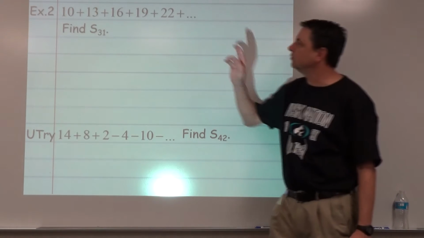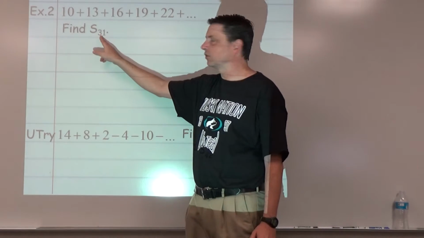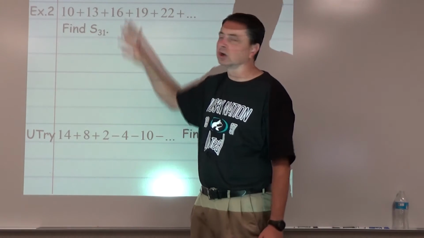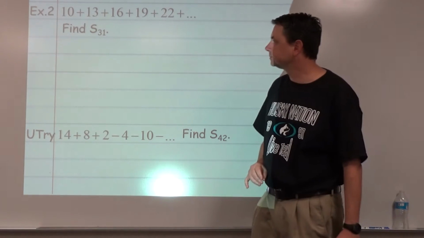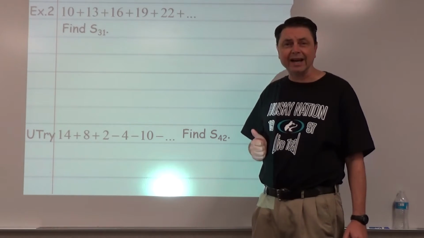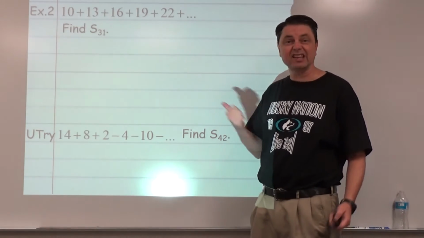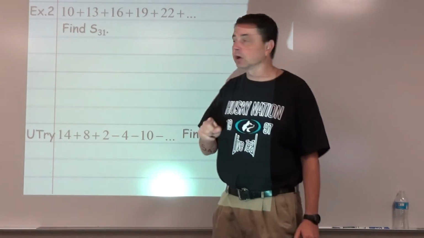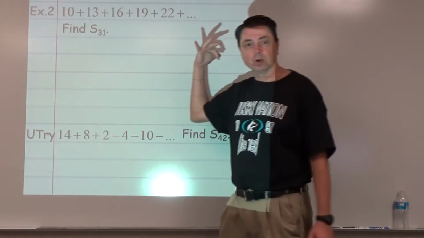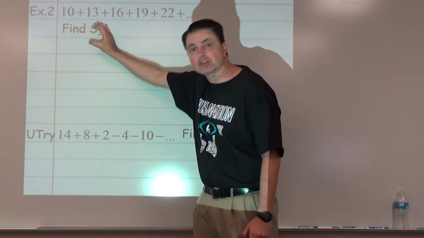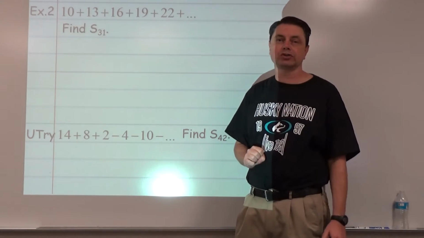Example number 2. Find the sum of the first 31 terms in the series. For that, we need to know n, the first one, and the last one. If we're adding up 31 terms, we need to know what the 31st term is.